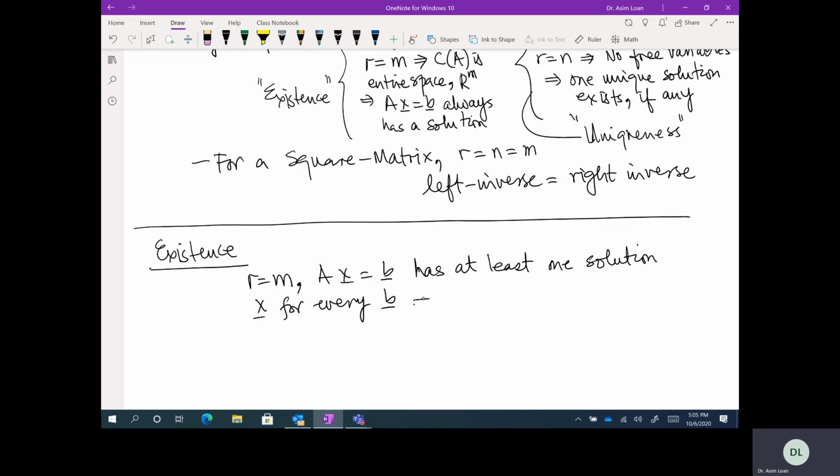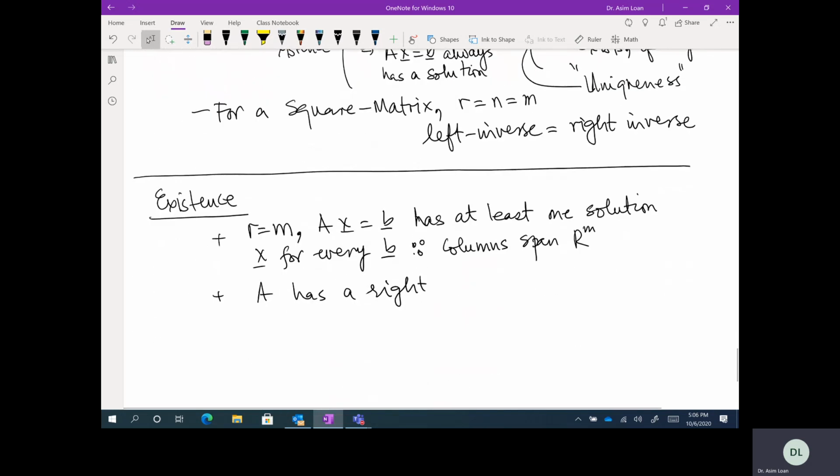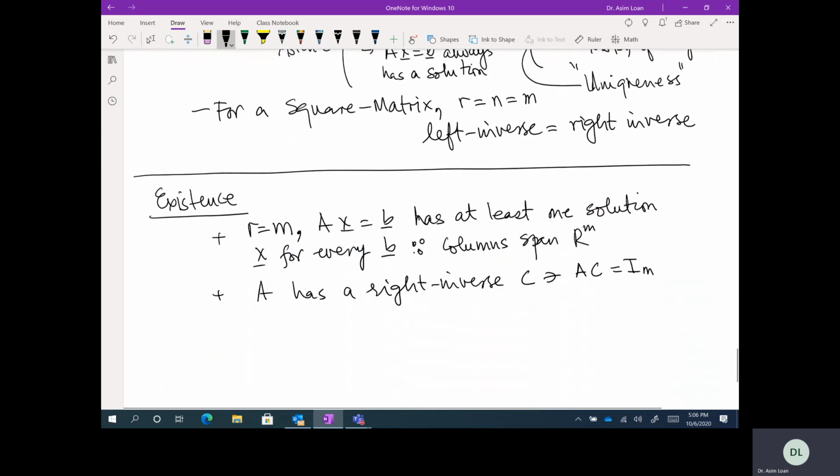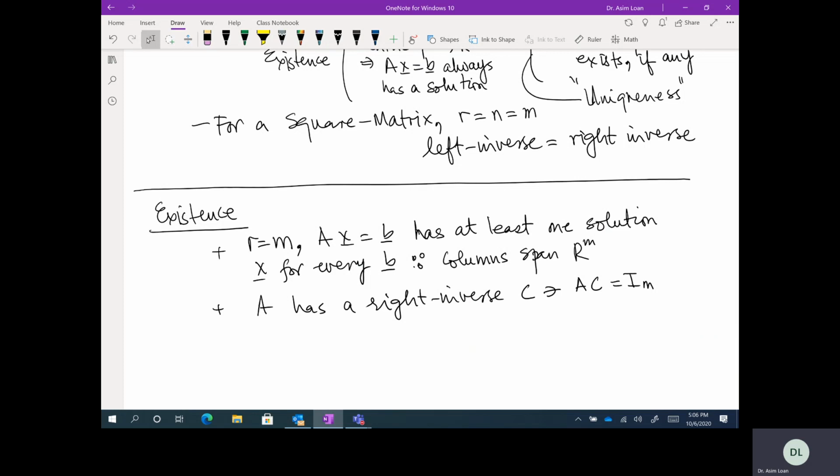Because columns span R^m. So A has a right inverse C such that AC equals I_m, and this is possible only when m is less than or equal to n.